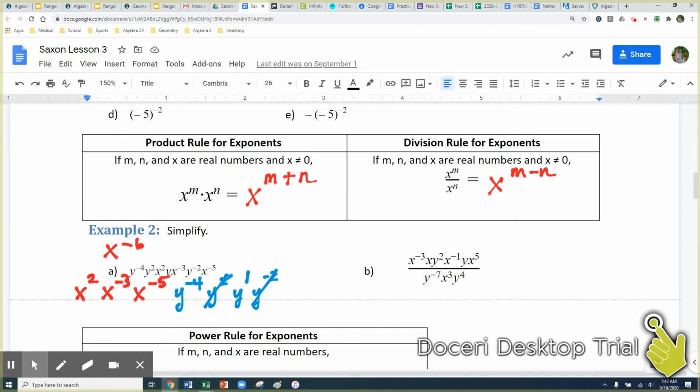So now we're going to add negative 4 and 1 together, which gives us y to the negative 3. So the total that we're going to get when we add our x's is x to the negative 6. When we add up all our y's, we're going to get y to the negative 3.